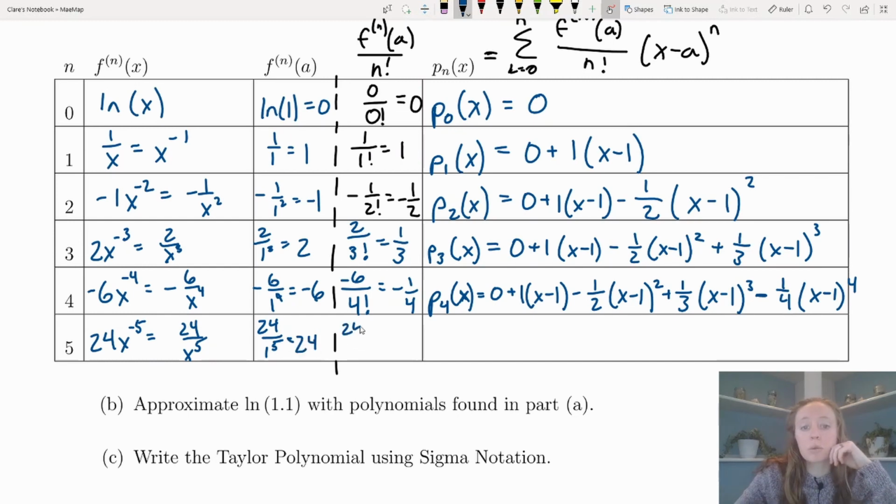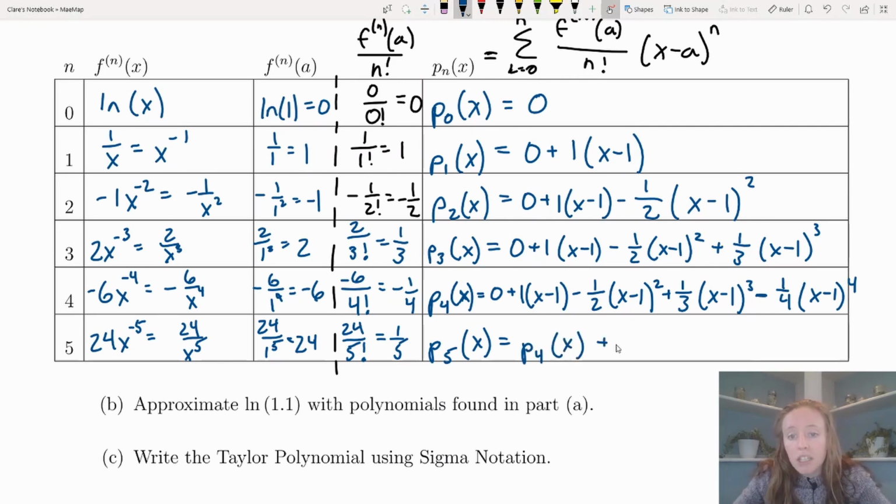Now when I place this 24, so that's my fifth derivative at a, over 5 factorial, which is equal to 120, 24 divided by 120 simplifies down to be a positive 1/5. So for my fifth degree Taylor polynomial, I'll have all of what I had in p sub 4, so I'm just going to rewrite p sub 4 to save space, plus now 1/5 times x minus a, or x minus 1 to the fifth.